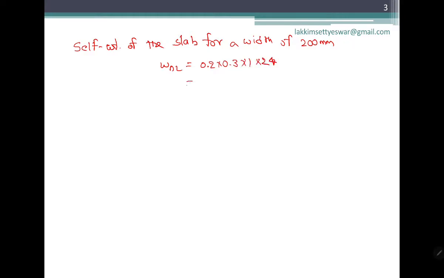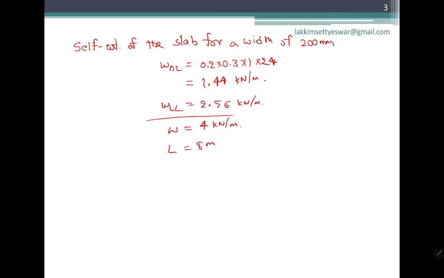This value comes around 1.44 kilonewton per meter. Now the live load is 2.56 kilonewton per meter. Total load W is equal to 4 kilonewton per meter, and the span of the slab is 8 meters.